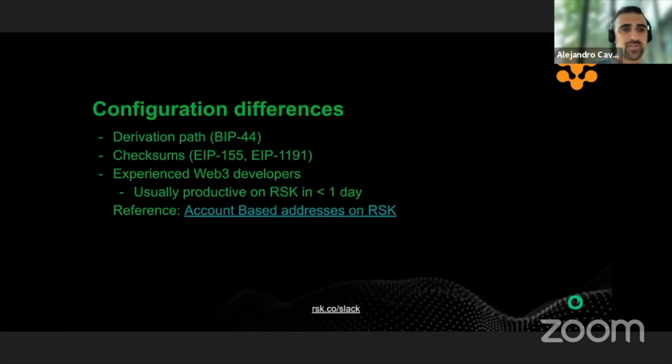There are some configuration differences, for example, the derivation path. Rootstock is different from Ethereum and other blockchains. The checksum: we have a different casing in the address. This is something that sometimes is a friction. For example, if we think about using MetaMask, it would probably complain because it is only checking the Ethereum checksum and not Rootstock's.